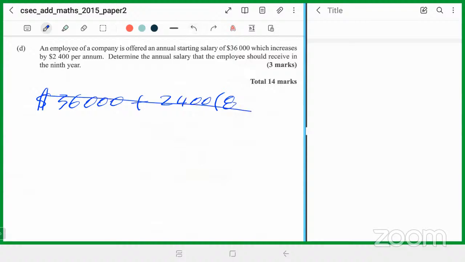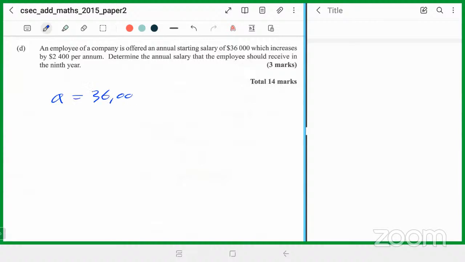But to do it as an AP, A equals $36,000. The common difference is $2,400. I'm trying to find the 9th payment. This is the first payment, and they're increasing by that every year.